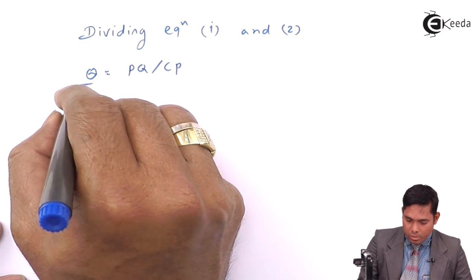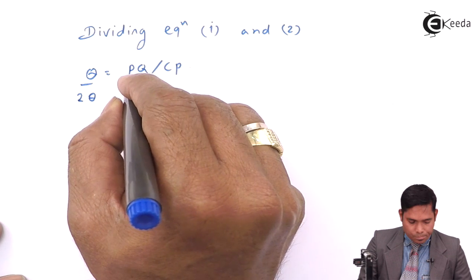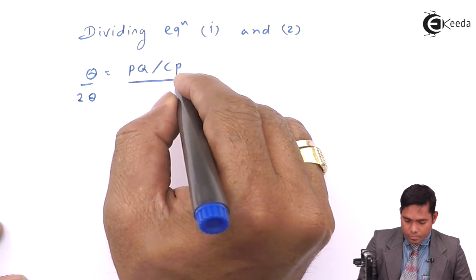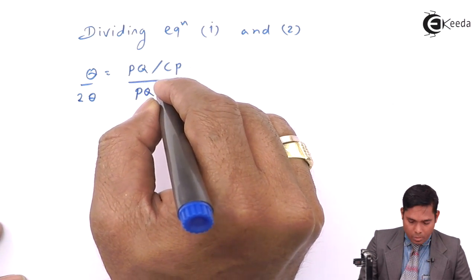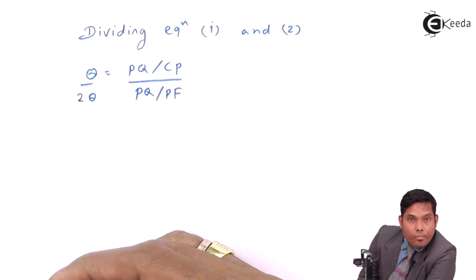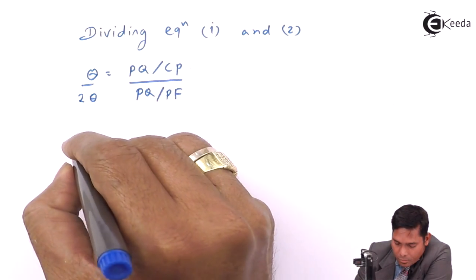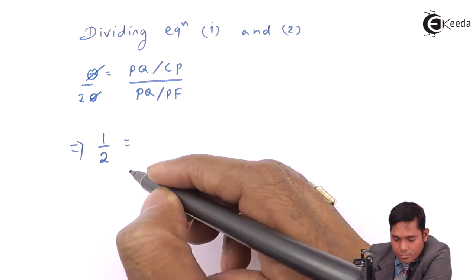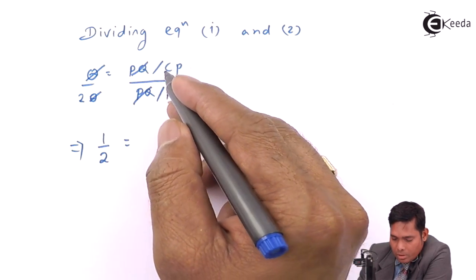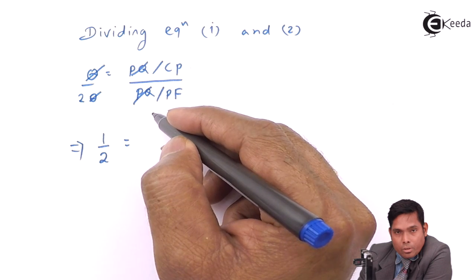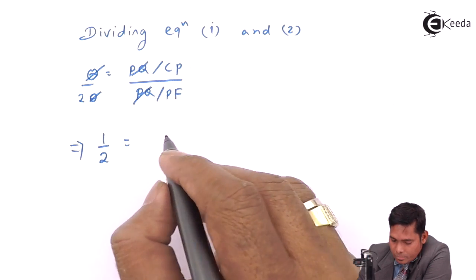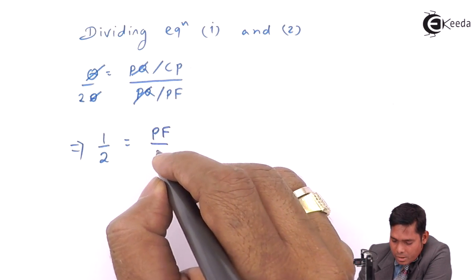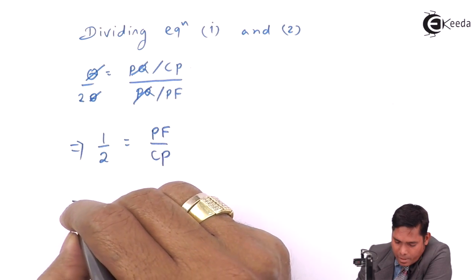Second equation is 2 theta is PQ upon PF. What we'll get? We'll cancel theta. This will become half. PQ will cancel. This will come to the denominator. This will go to the numerator. Numerator PF by CP.